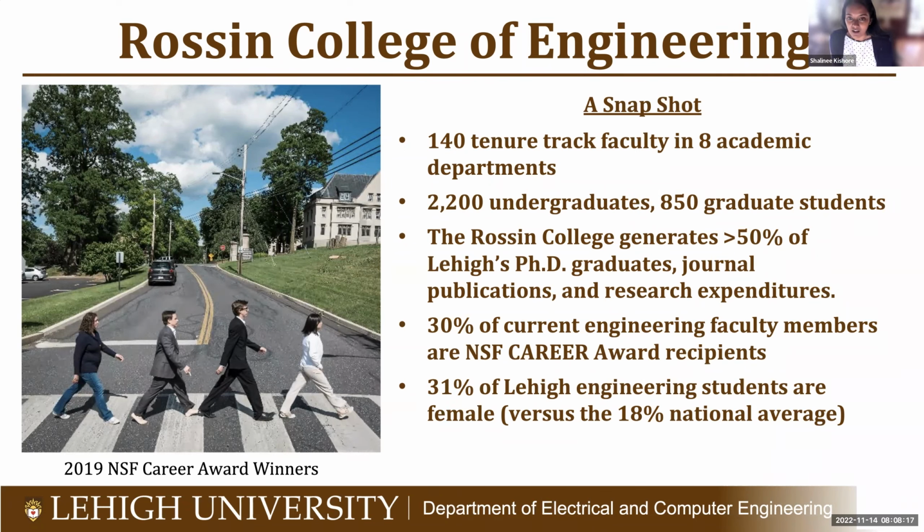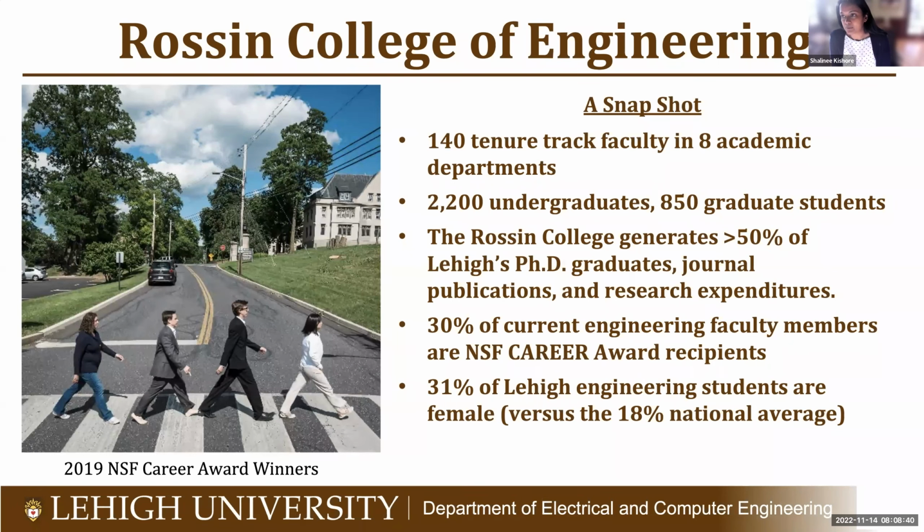Our engineering college is the Rosen College of Engineering. We have 140 tenure track faculty across 8 academic departments, including our own. There's about 2,200 undergraduate and 850 graduate students. The College of Engineering is the research hub of the university in a lot of ways. More than half of our PhD graduates come from this college.